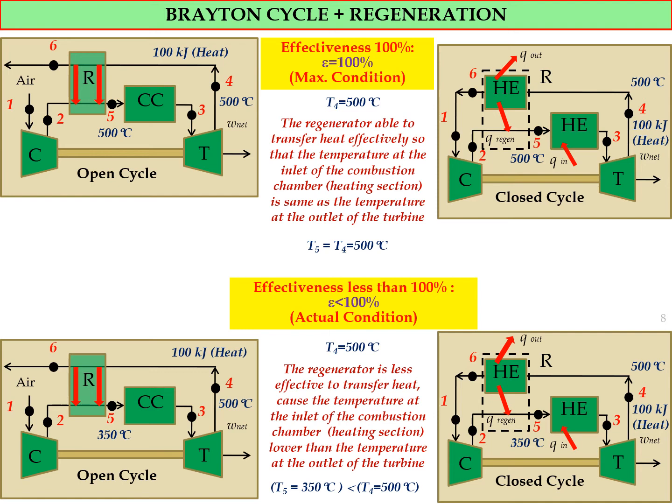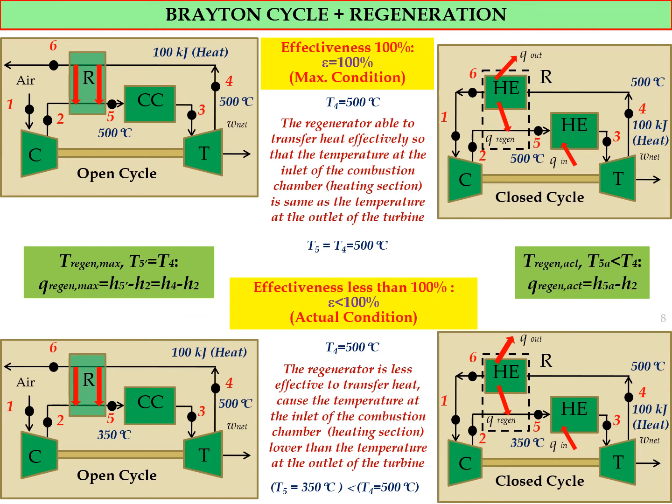So for your attendance, please explain in brief the difference between maximum and also actual condition. The T regeneration maximum, which is the T5 prime, is equal to T4, and Q regeneration maximum is equal to H5 prime minus H2, and it is also equal to H4 minus H2.